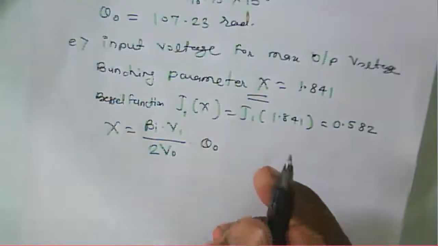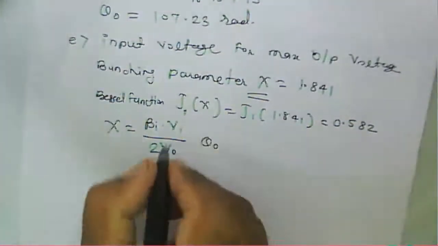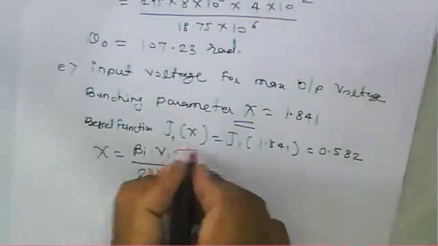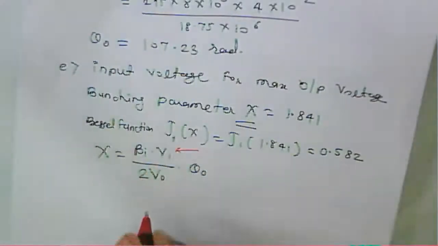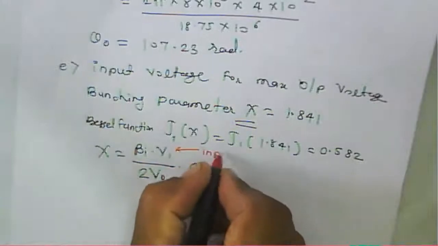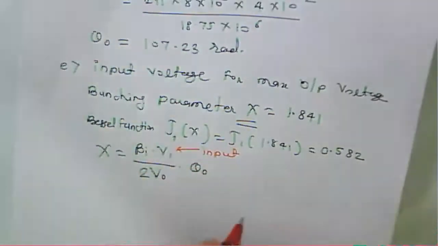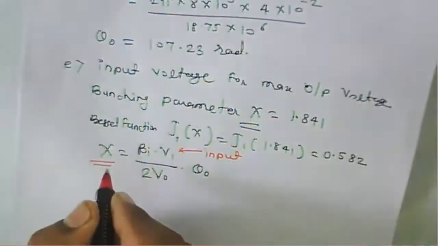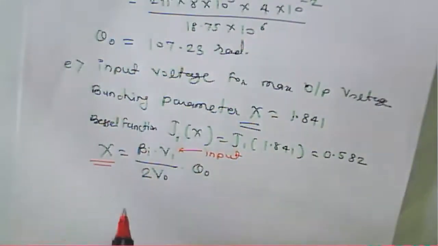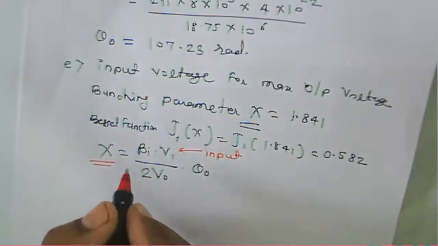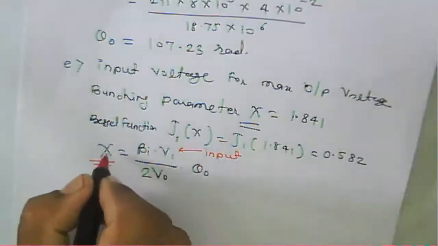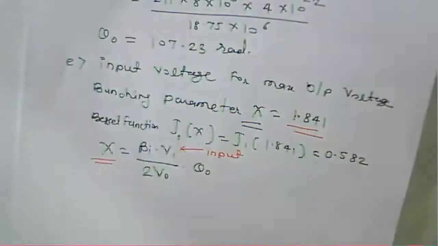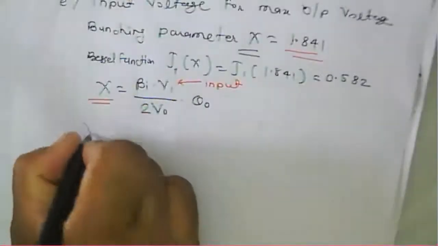Our aim is to find out V1, that is the input. When will this input be maximum? Input will be maximum when x is 1.841.